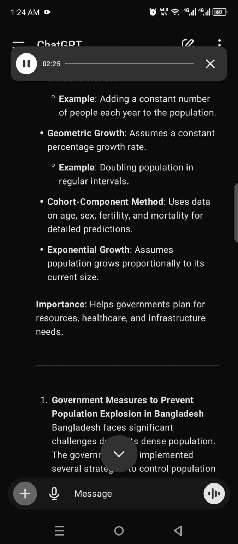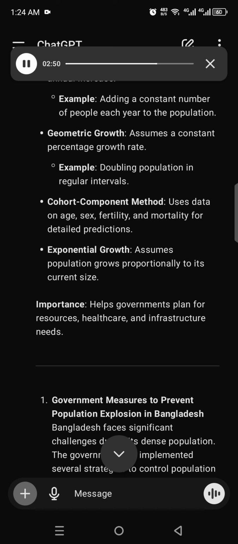14. Government measures to prevent population explosion in Bangladesh. Bangladesh faces significant challenges due to its dense population. The government has implemented several strategies to control population growth. Family planning programs, promoting contraceptives and educating citizens about family size. Healthcare improvements, reducing infant mortality, encourages smaller families.